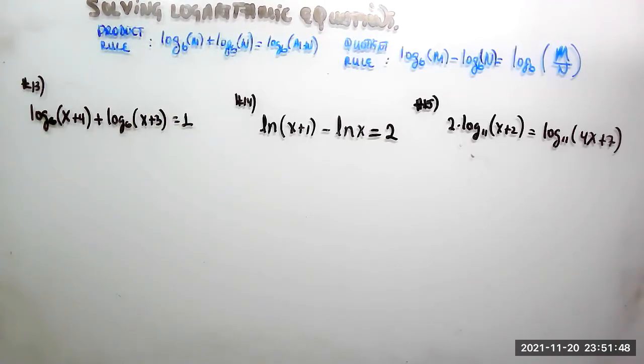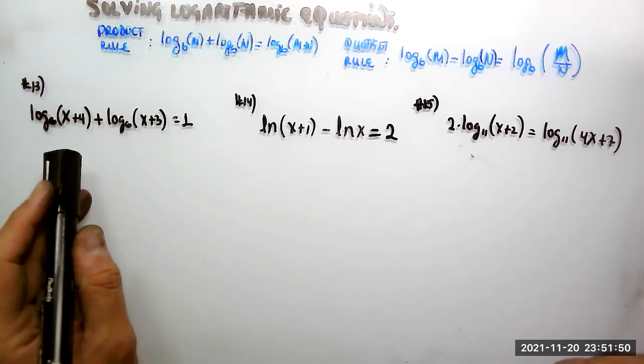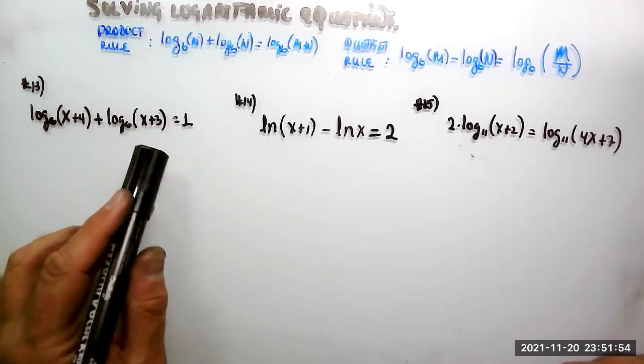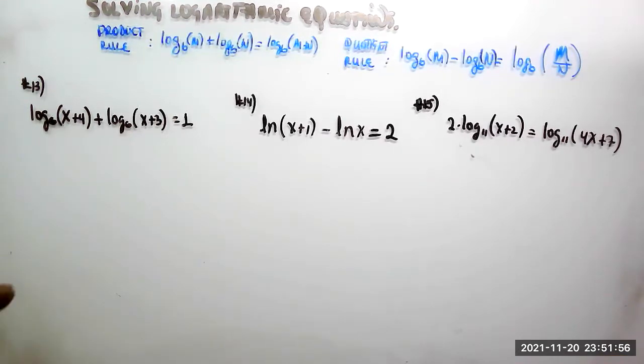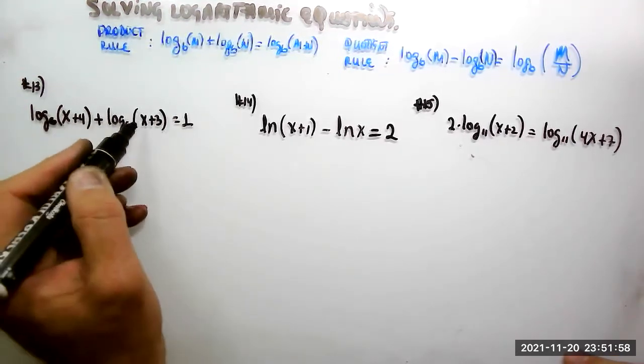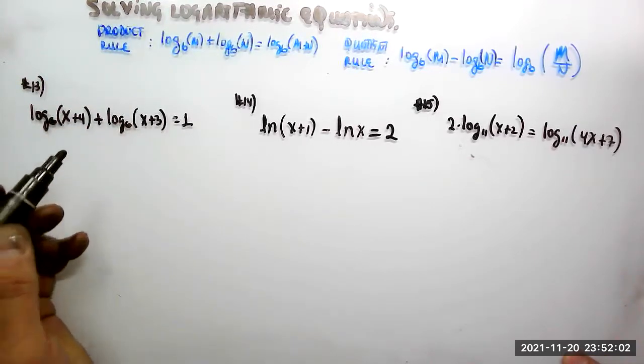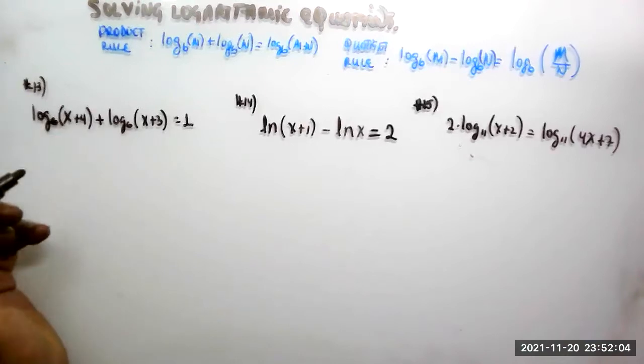Let's try the following example. Log base 6 of x plus 4 plus log base 6 of x plus 3 equals 1. Same base, we may multiply the arguments, due to the product rule.